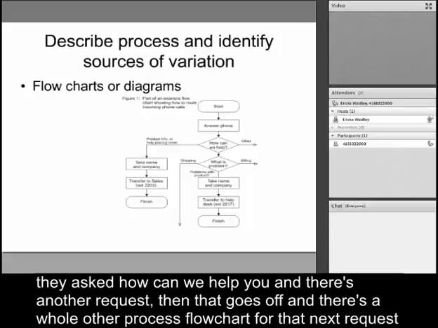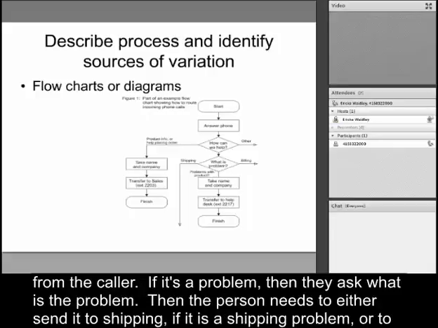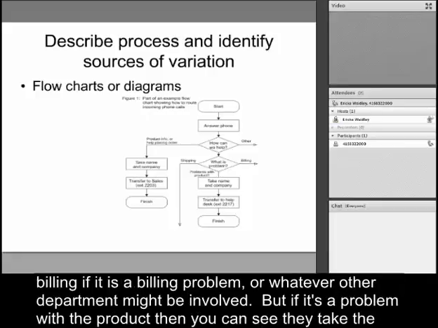If they ask, how can we help you, and there's another request, then that goes off and there's a whole other process flow chart for that next request from the caller. If it's a problem, then they ask, what is the problem? And then the person needs to either send it to shipping if it's a shipping problem, or to billing if it's a billing problem, or whatever other department might be involved.